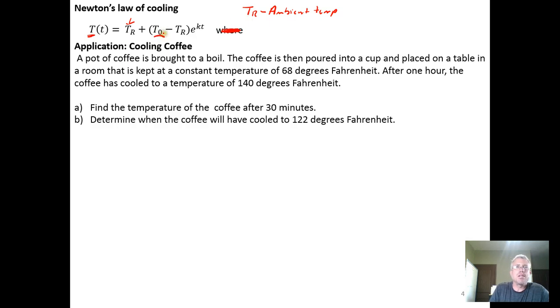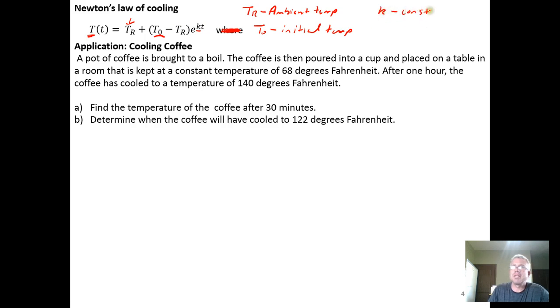So T naught, or T sub 0, is just the initial temperature of the object that is getting heated or cooled. And k is a constant that you have to solve for.